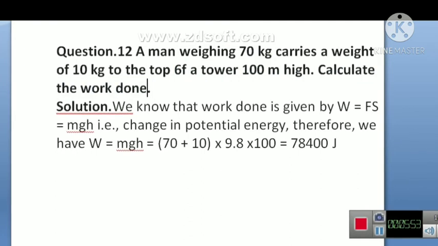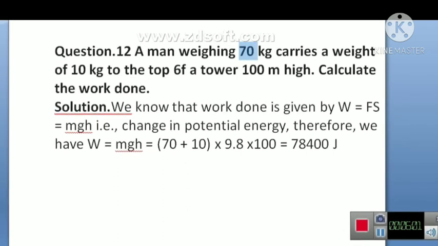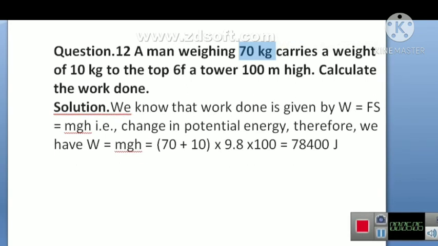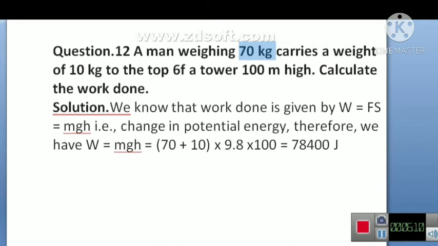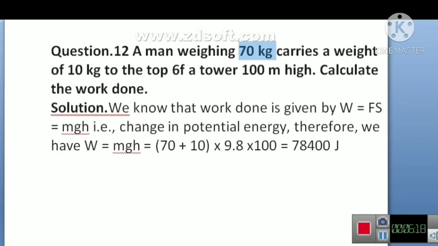Okay. Now for the solution, we can take the given values here. The weight of the man, 70 kg, means the mass is given directly, that is 70 kg. So when any object is moving up in height, at that time the force acting on the body is equal to its weight.